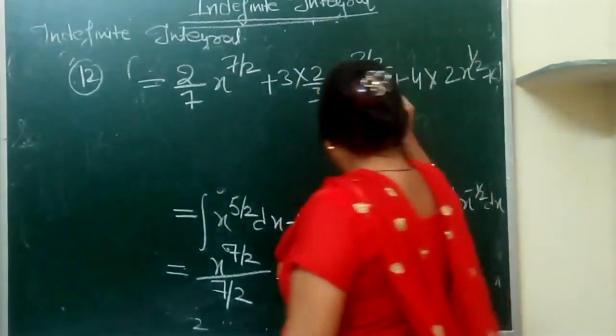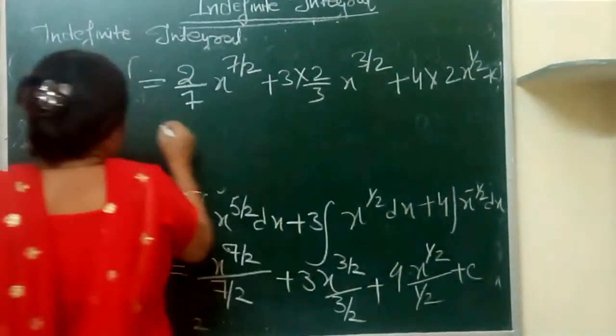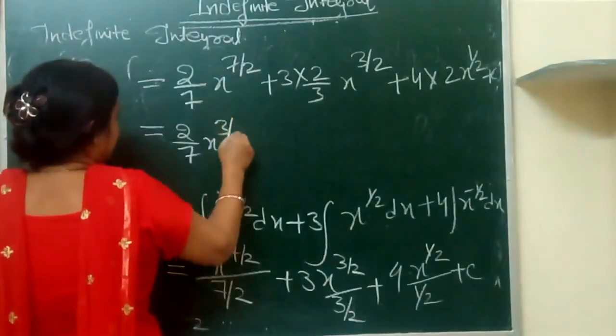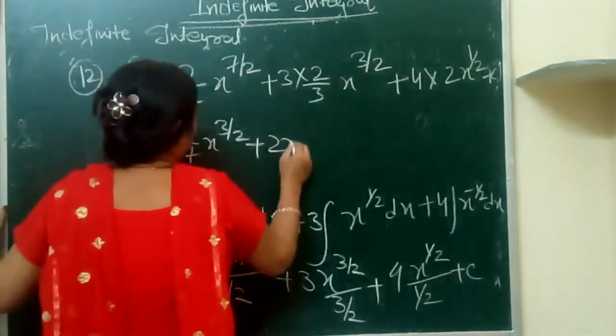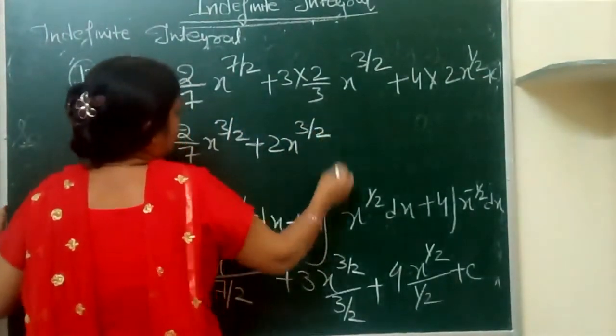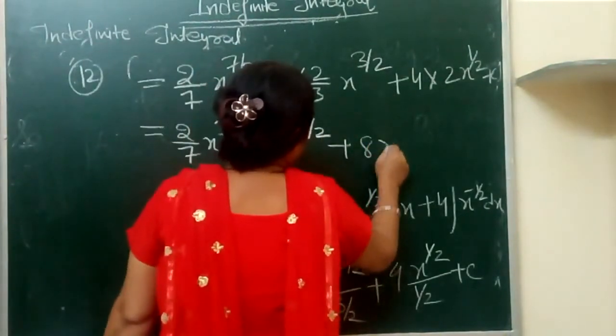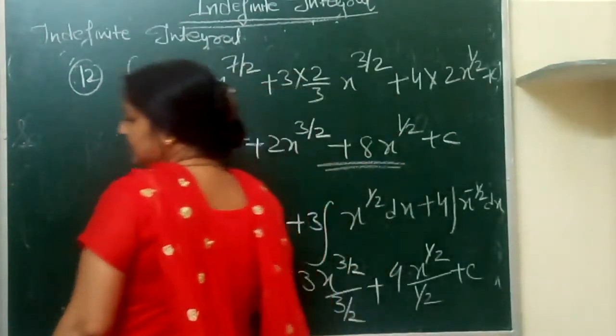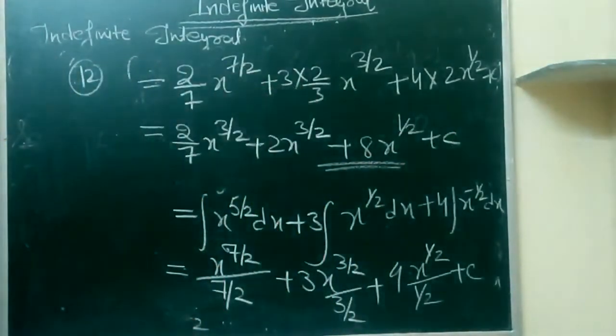So what is coming here? It is coming 2 by 7 x raised to power 7 by 2 plus 2x raised to power 3 by 2 plus 8x raised to power half plus c. So this is the required solution of question number 12.